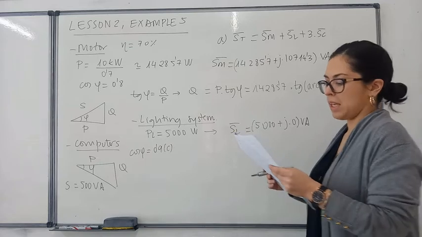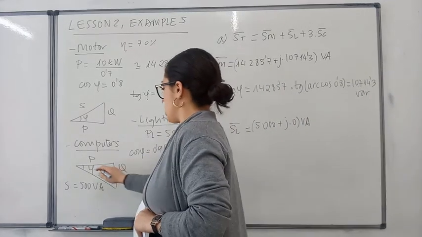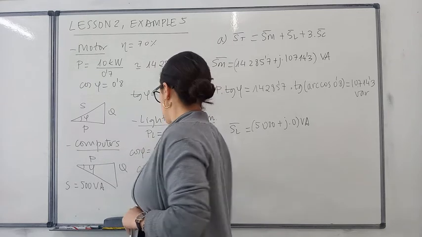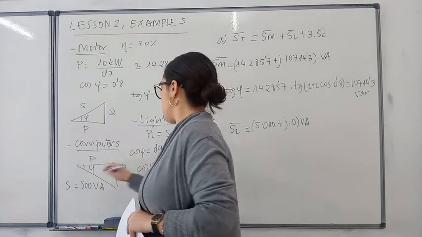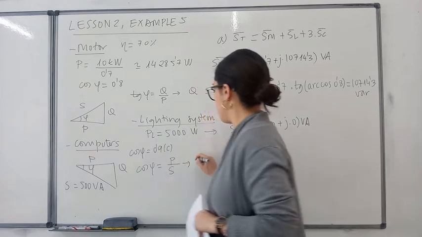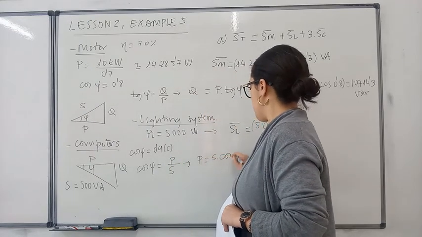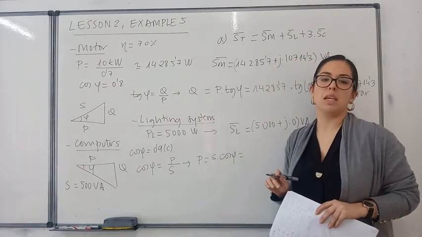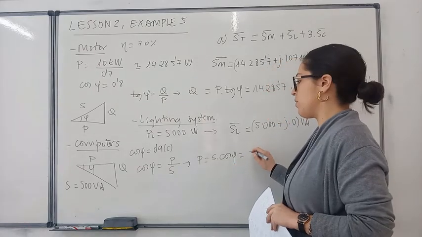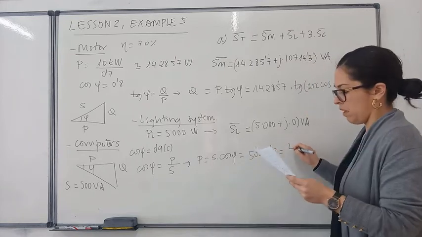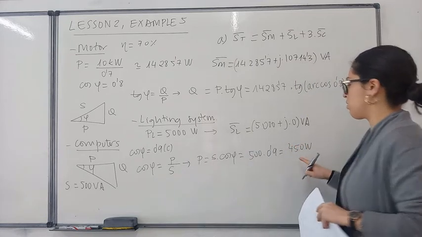So the cosine of the angle is the active power divided by the apparent power. So the active power is the apparent power multiplied by the cosine of the angle. That gives 500 multiplied by 0.9, 450 watts.